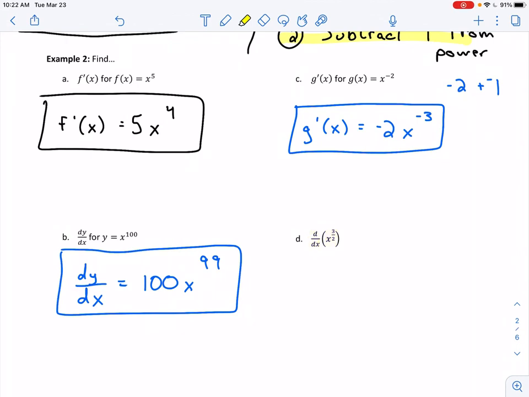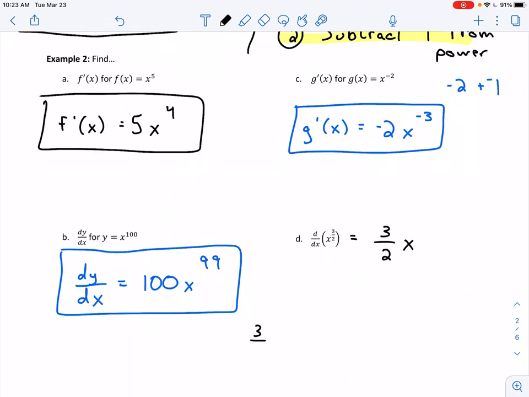Even though my power is a fraction, I can still use my power rule. We'll just have to be a little bit careful here. So if I want to take the derivative, I'm going to multiply by my power, so 3/2 times x, and then subtract 1 from my power. If you need to, we can do that scratch work off to the side.